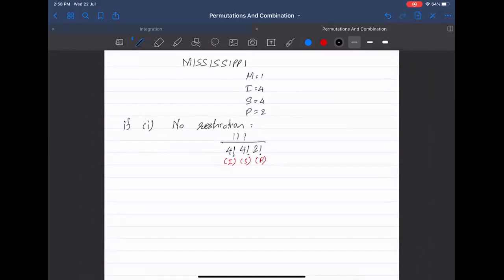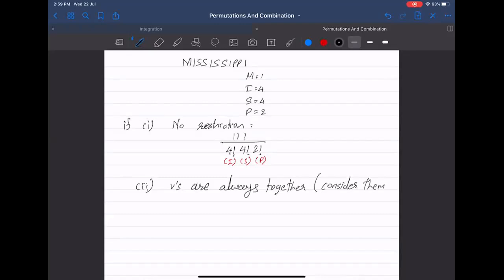Very good. Let's see the next part. Now if I want my vowels to be together, do you remember this? Vowels are always together, meaning we take them as one. Consider them 1 unit.